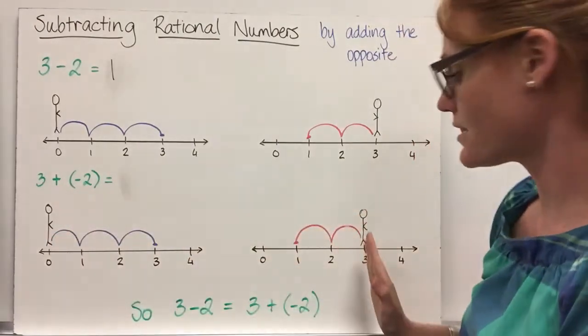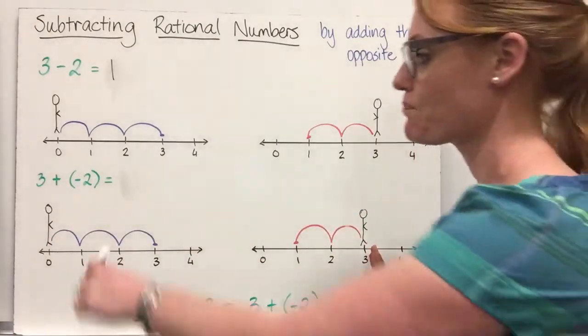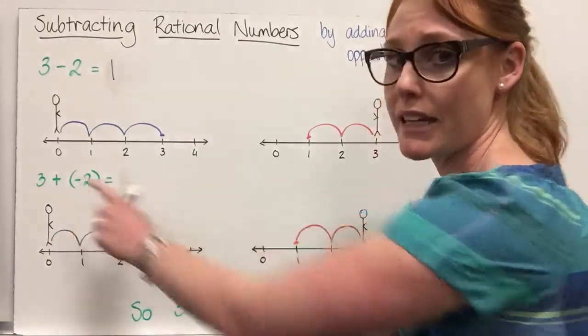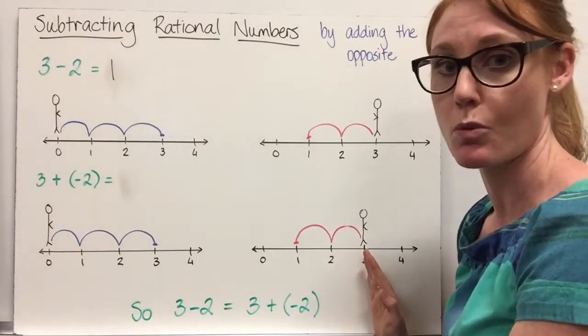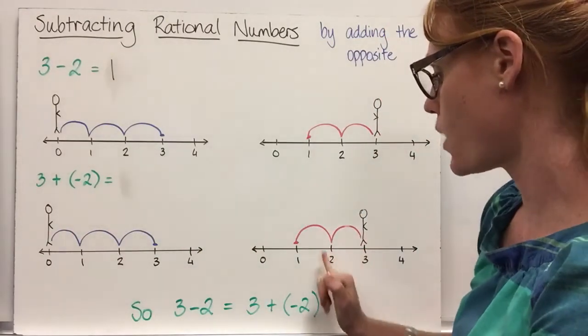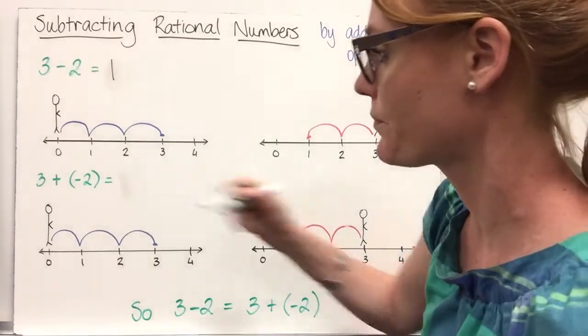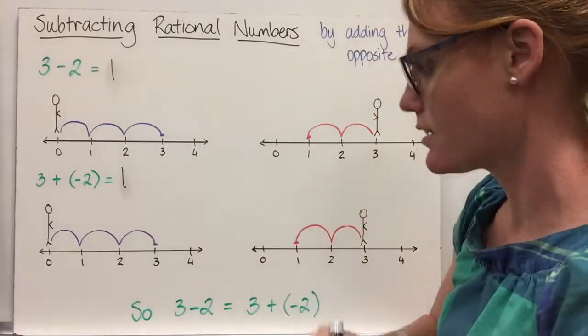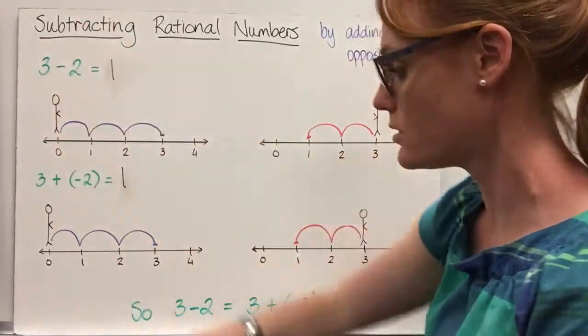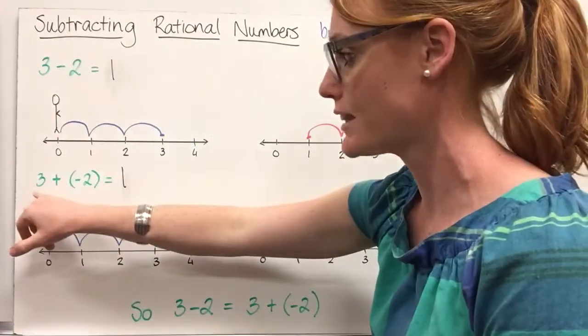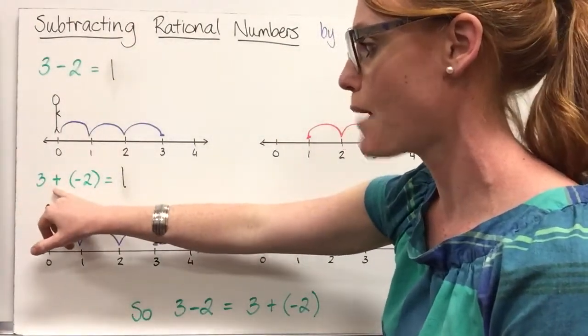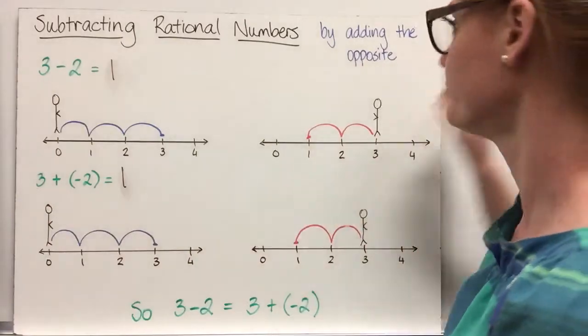Because we're adding, we're staying facing in the same direction. And what we're adding is -2. It's a negative number, so we're going to walk backwards 2 spaces. 1, 2, which brings us to 1. So we can see that 3 subtract 2 is the same as adding the opposite, or 3 plus -2.